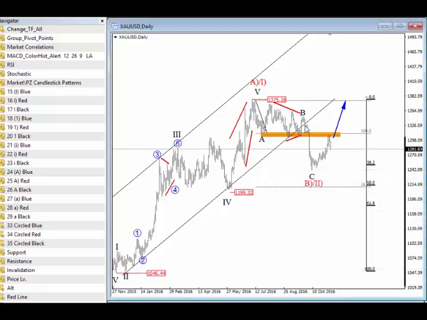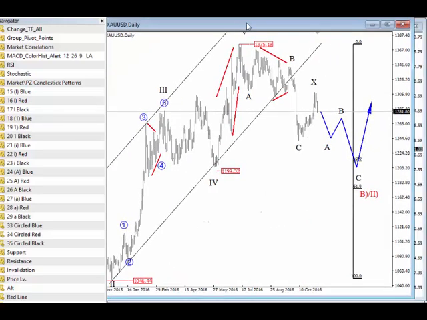So I would not be surprised if market will just stay consolidating here, make some unpredictable waves here, maybe as a double zigzag or maybe something else, but I would not be surprised to see a combination here, which means a complex correction for this wave B or wave 2, while stock market could be turning to the upside into this fifth wave of an ending diagonal. So actually this count is also very probable.